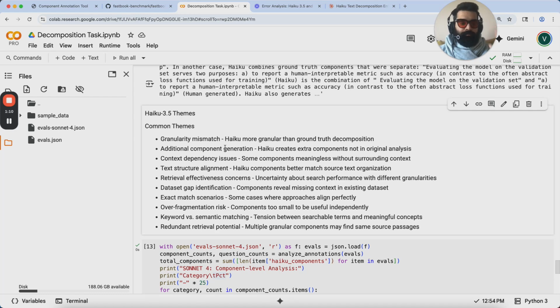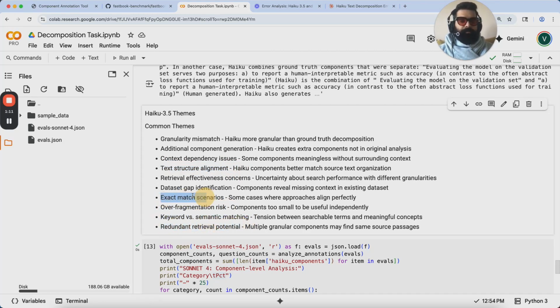So main takeaways, we got some common themes, and these are really helpful. Ultimately a lot of these questions, especially retrieval effectiveness concerns, context dependency issues, additional component generation, granularity mismatch, text structure alignment, overfragmentation risk, keyword versus semantic matching, redundant retrieval potential.